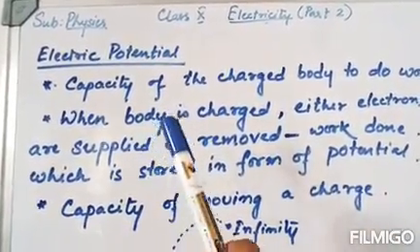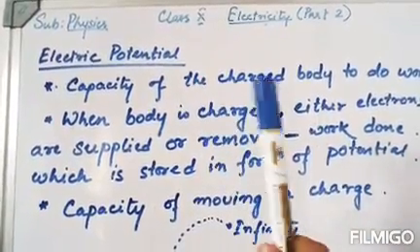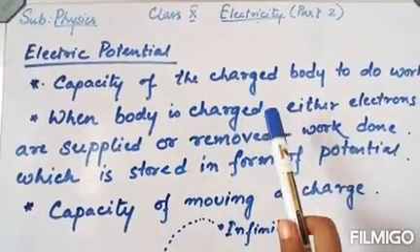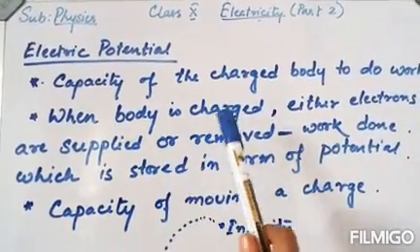Next, what is the explanation of it? When a body is charged, either electrons are supplied or removed.